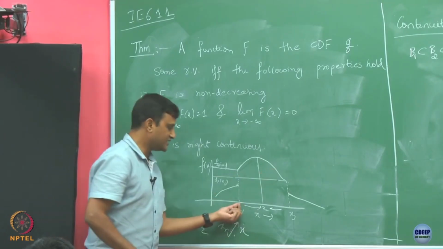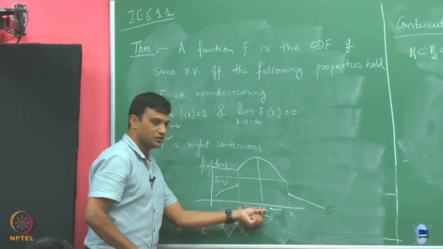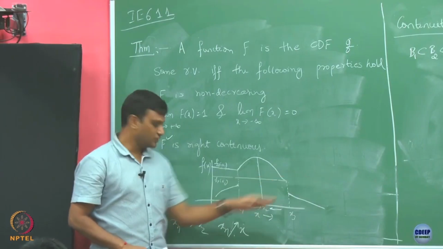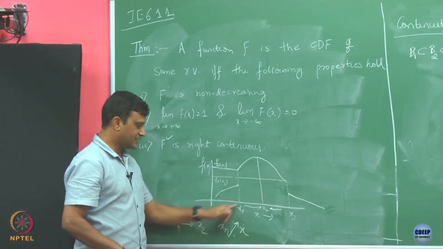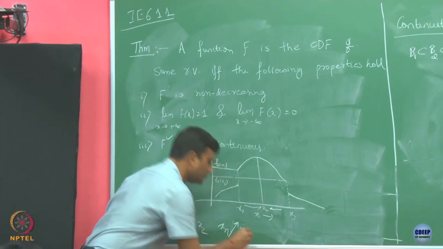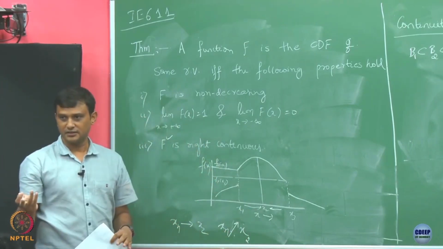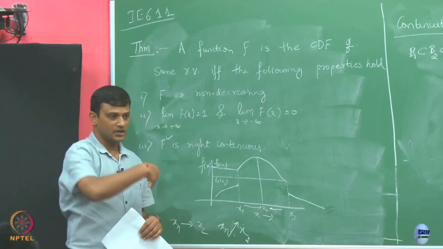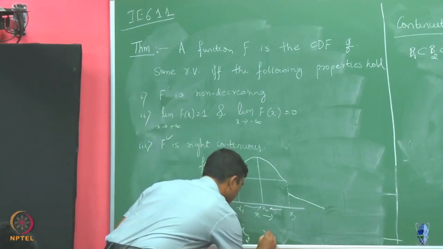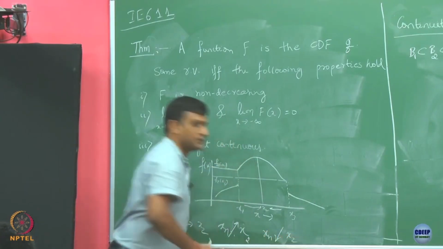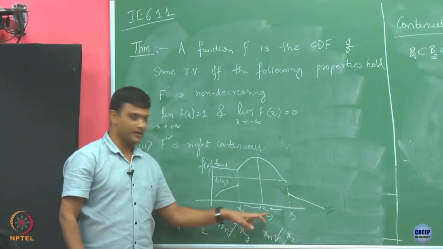That means I have a sequence approaching this point x2 from the left. All the sequence here is increasing and eventually converges to x2. The other possibility is I could approach the same point x2 from the right.